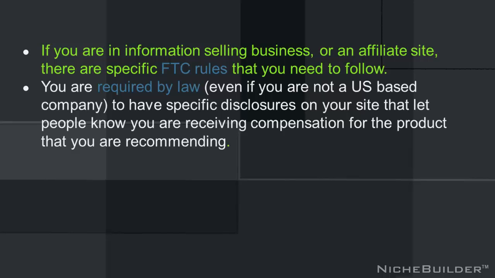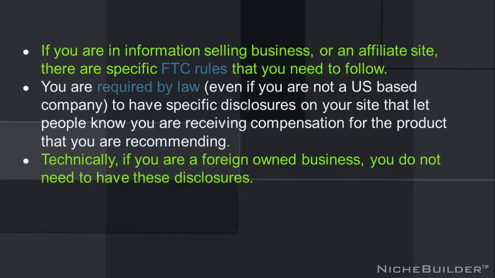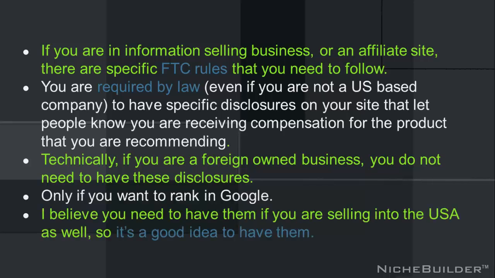Now, I said required by law because Google is a US-based company and they have to follow FTC rules. So technically, if you're a foreign-owned business, you don't need to have these disclosures, only if you want to rank in Google. I believe you need to have them if you're selling to the USA as well. So it's a good idea just to have them.